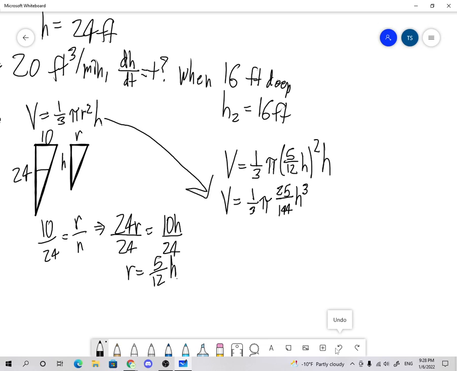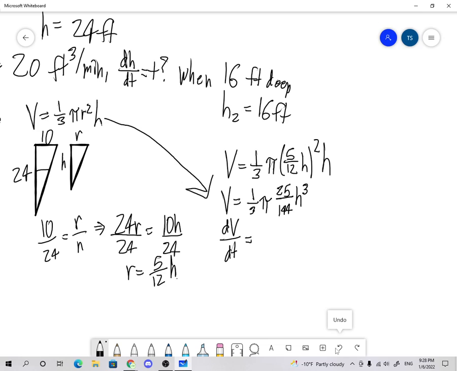So now we have an equation that we can implicitly differentiate because these are constants and this is actually just another part of the problem. Alright, so let's implicitly differentiate. That'll be dV/dt is equal to carry the 3 over. So if it's 3 over 3, that's just going to equal 1, which means it essentially becomes irrelevant to the problem.